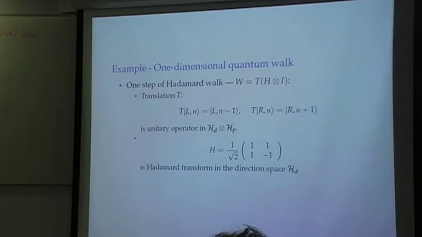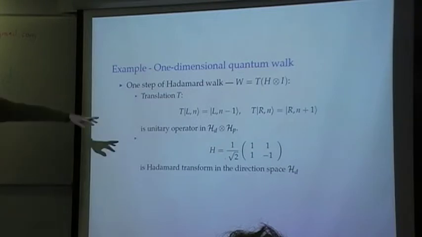Here H is the Hadamard gate, so that's why we call it the Hadamard walk. This one is a unitary operator on the direction space H_D.